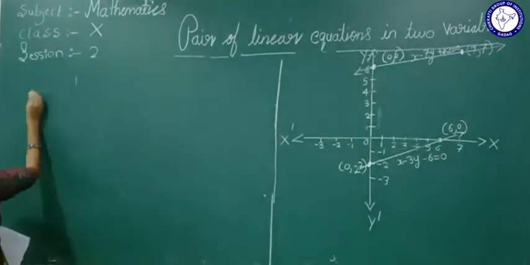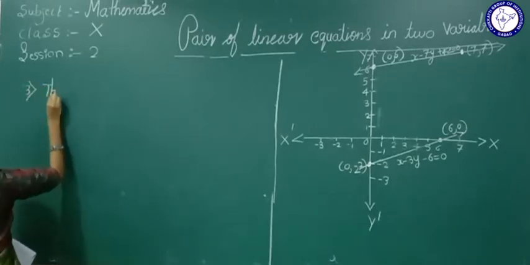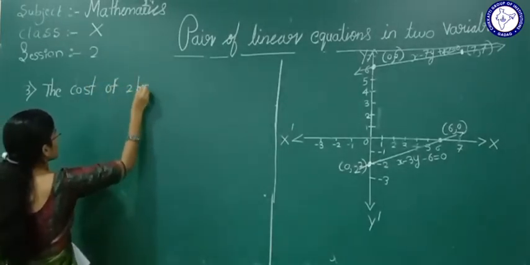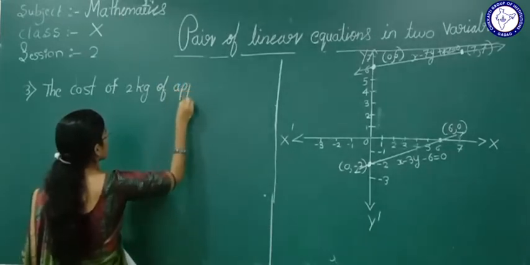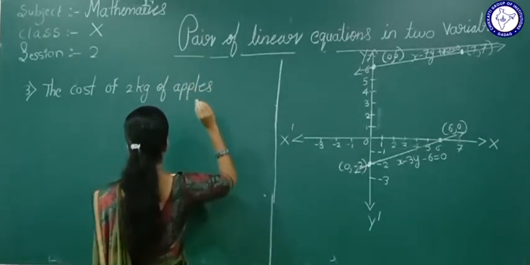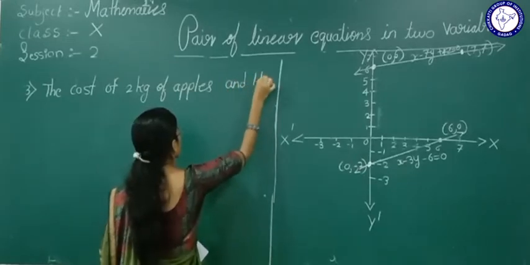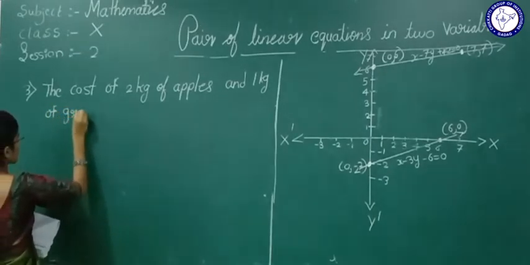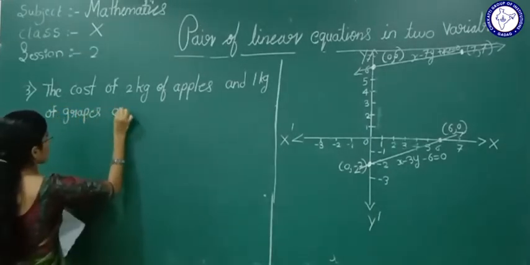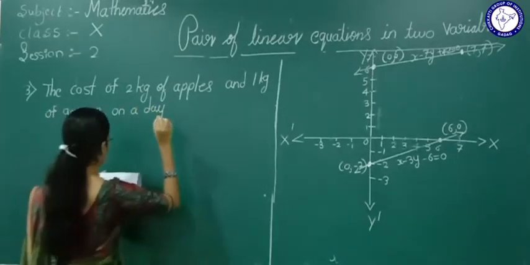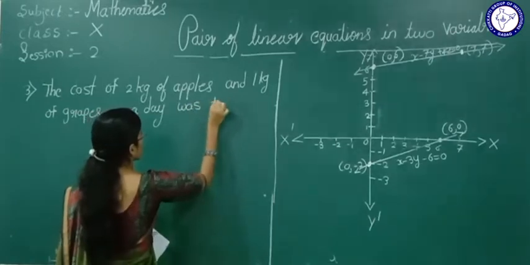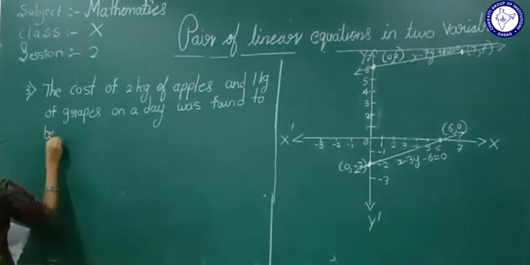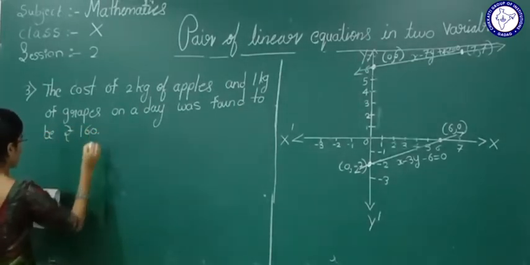That is the third one. The cost of 2 kg of apples and 1 kg of grapes on a day was found to be rupees 160.